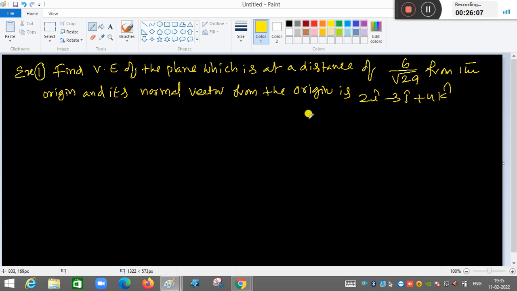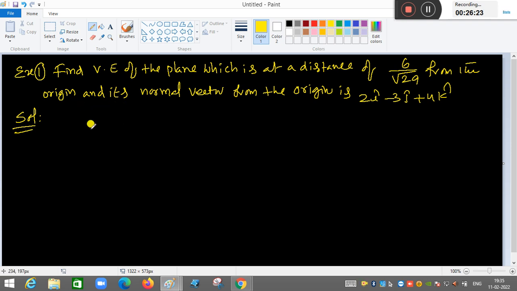It is not a normal unit vector, it is only a normal vector. See what is given here. We have to find the vector equation. The distance is 6 by root of 29 from the horizon.